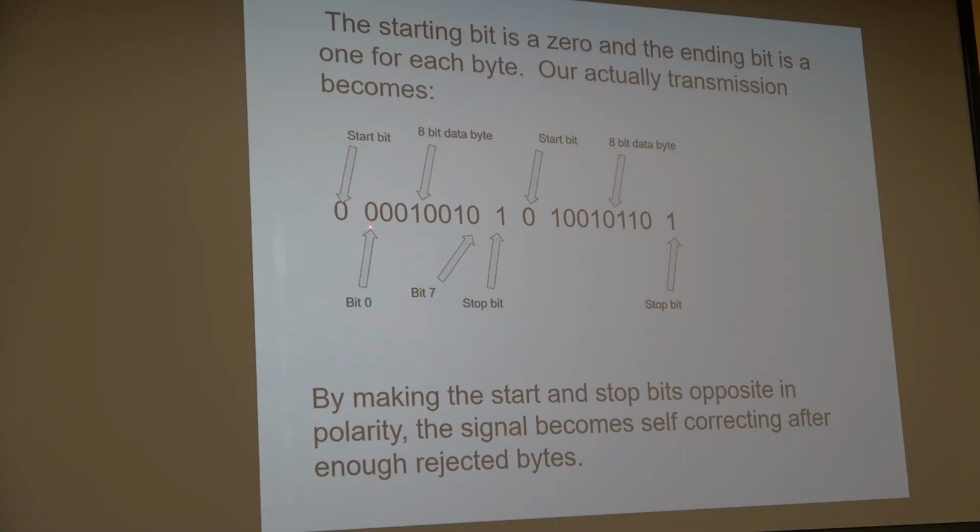And then it times it, and you're going to send bit 0 first. So you send bit 0, bit 1, bit 2, bit 3. It's kind of backward of the way I think of it, but okay, as long as you do it right. So you send 0 through 7, then you have a stop bit.